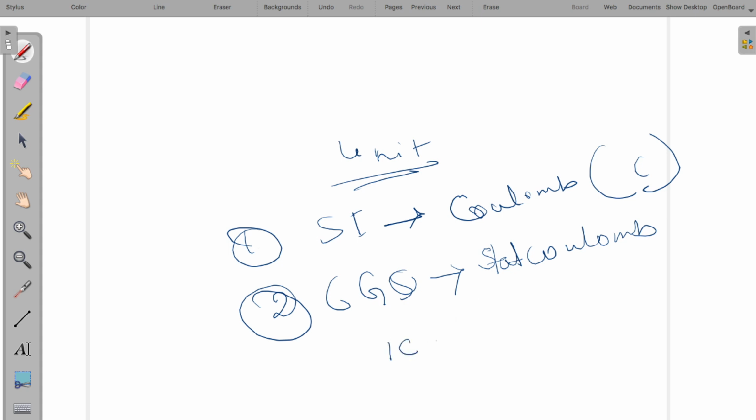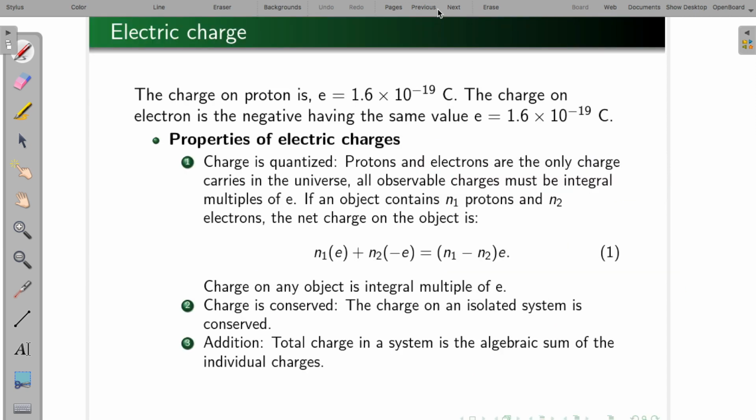The relation between the coulomb and the stat coulomb is 1 coulomb equals 3 into 10 to the power 9 stat coulomb. This is very important. Sometimes a one-mark question comes, so please remember the units of charge.